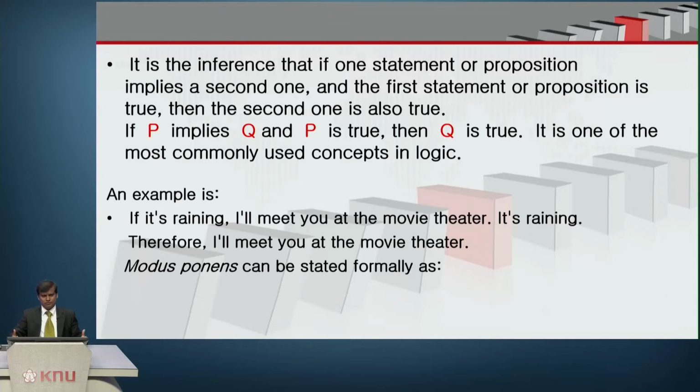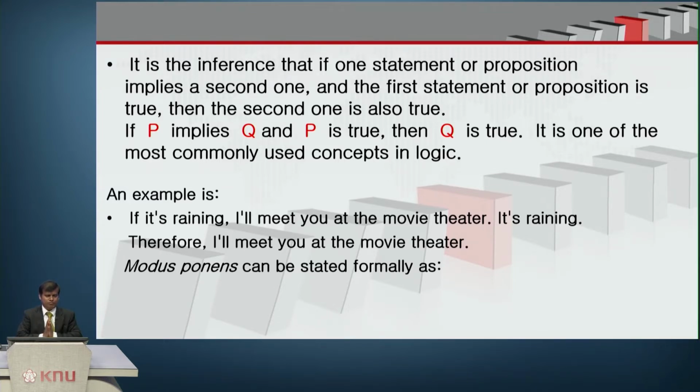This modus ponens is the inference that if one statement or proposition implies a second one, and the first statement or proposition is true, then the second one is also true. That is, if P implies Q and P is true, then Q is true.